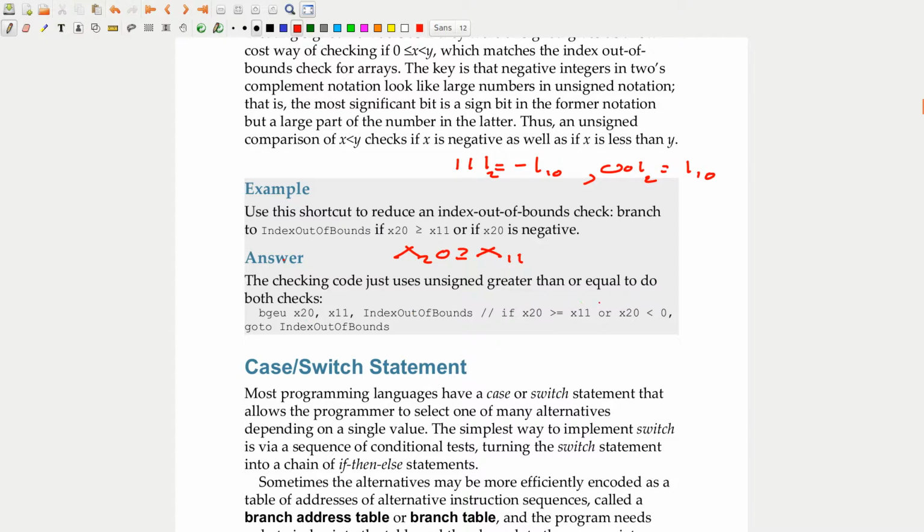Let's try to come up with an example of how that actually works. So if we have 111 greater than or equal to 001.